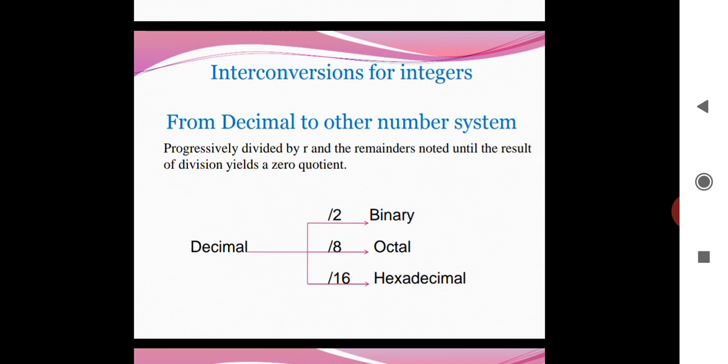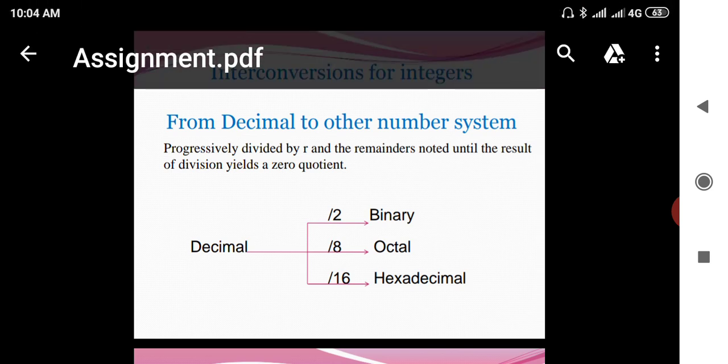How do we convert a given number into another number system? For example, how to convert a decimal number into another number system? If you are given a decimal number and want to convert it into another number system, for example binary, then progressively divide by r and note the remainders until the result of division is a zero quotient.